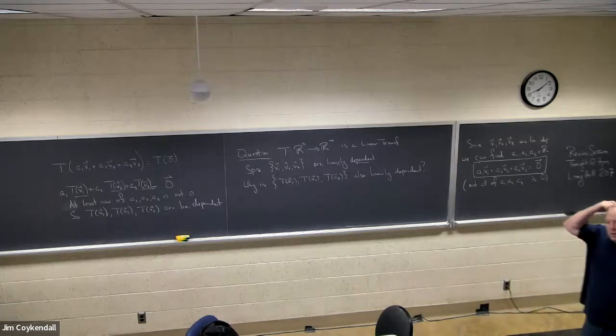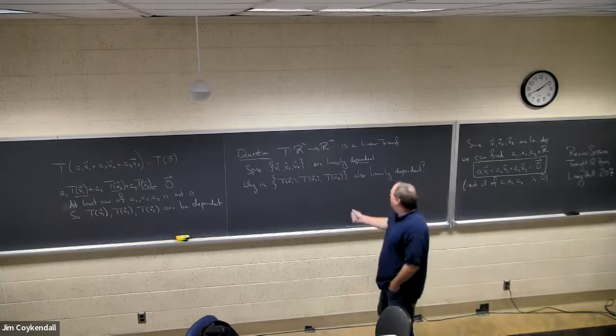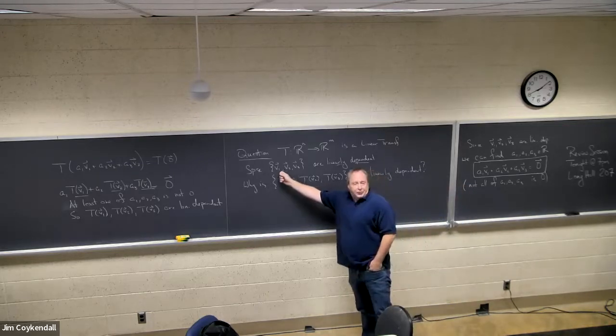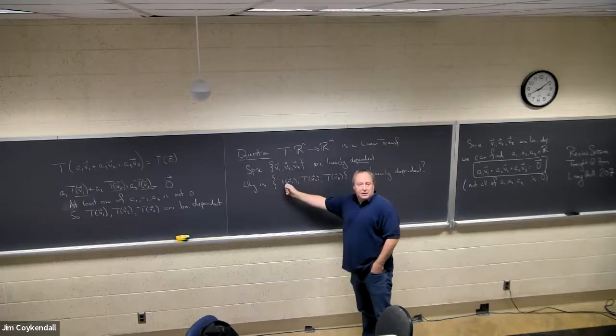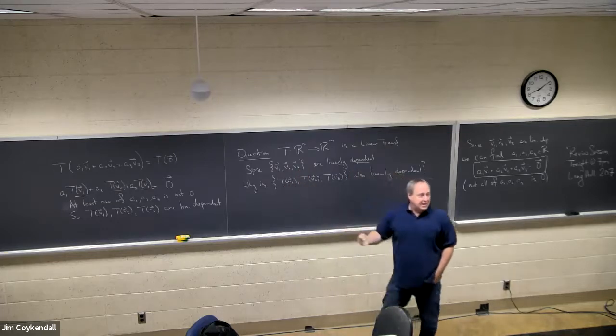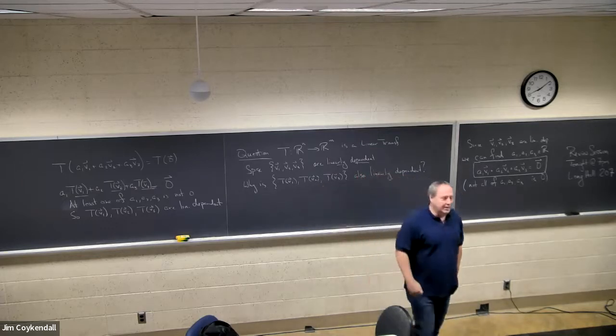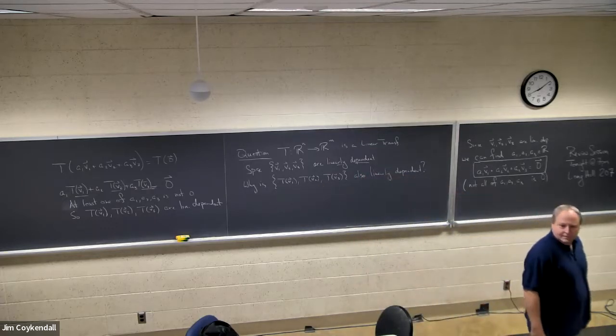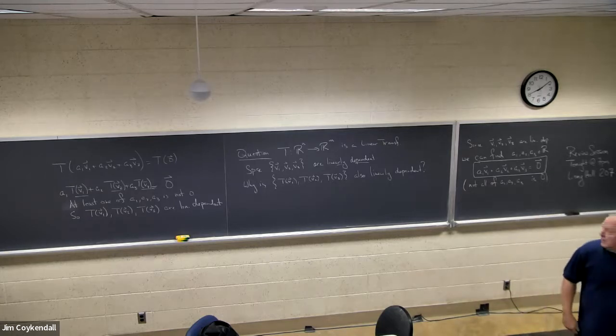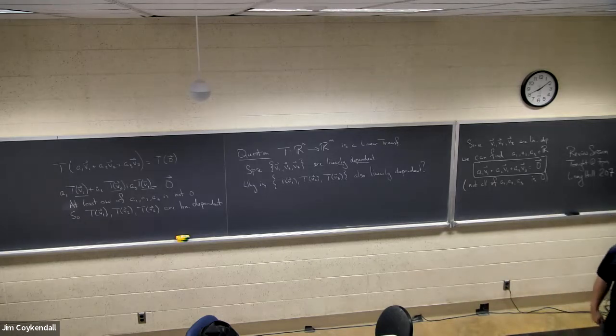Anybody know a condition on T that will guarantee that, suppose this is a linearly independent set? Can you give me a condition on the linear transformation T that guarantees that these are also linearly independent? Well, you would want T to be 0, but you need it to be a little bit more specific than that.